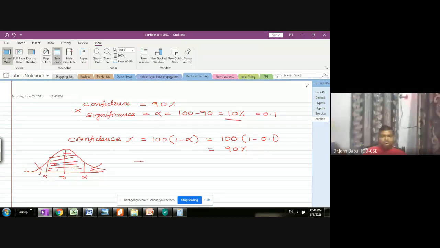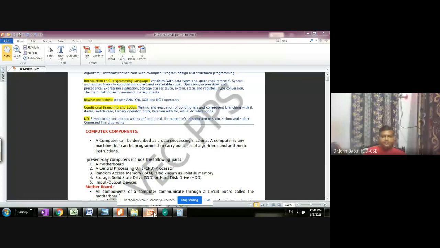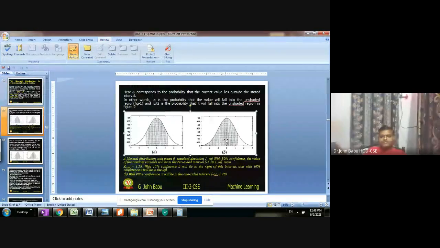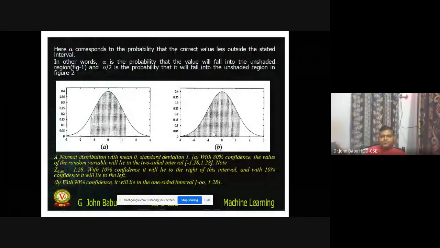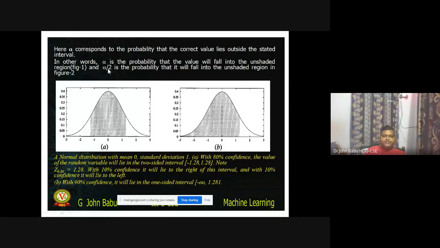This is called two-side bounded. For two-side bounded, we calculate confidence from the significance value as 100 into 1 minus alpha. If it is one side bounded, something like this, then what we do is we calculate with 1 minus alpha by 2.